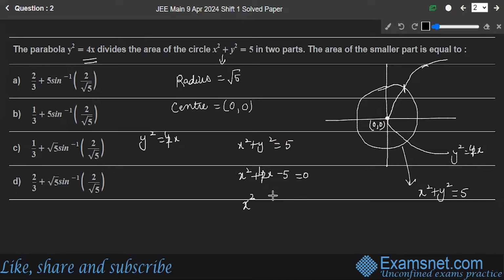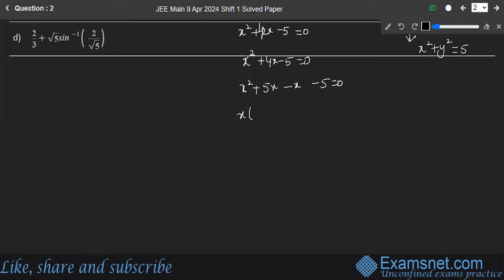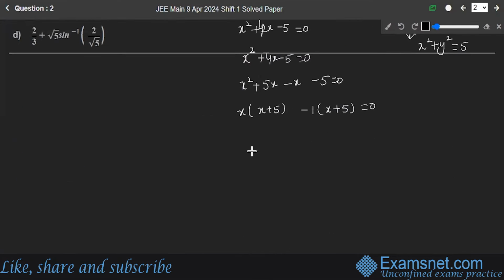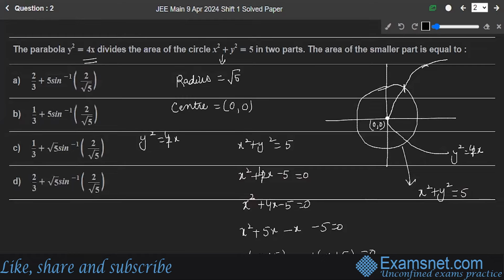So this equation will be x squared plus 4x minus 5 is equal to 0, or you will have x plus 5 times x minus 1. So that means x can be equal to 1 or minus 5.